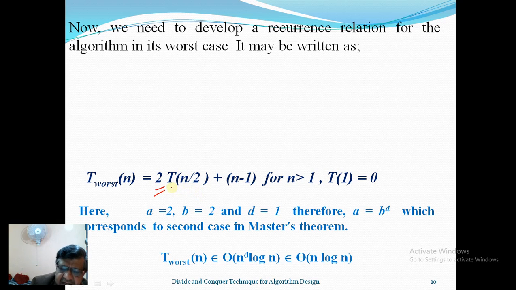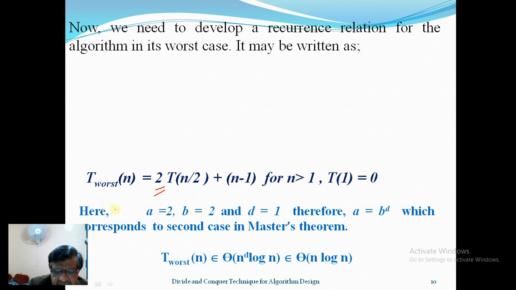I repeat, it is as much time as is required to solve two subproblems, each of size n by 2, and n minus 1 comparisons for merging. In every step we noticed it requires n minus 1 comparisons for n greater than 1, and the time required for one element, if the input size is 1, is 0, because there is no sorting at all.